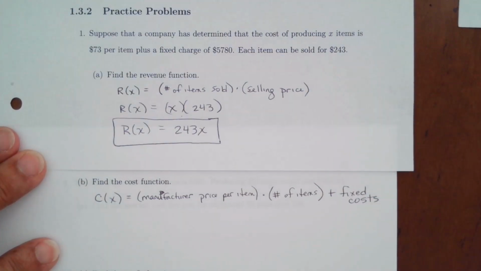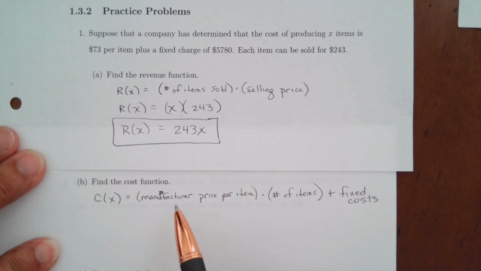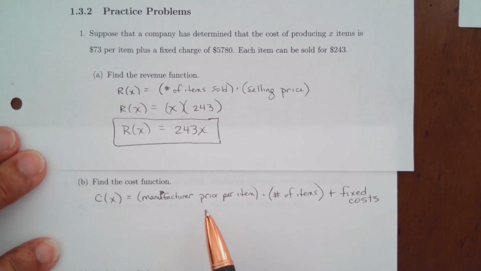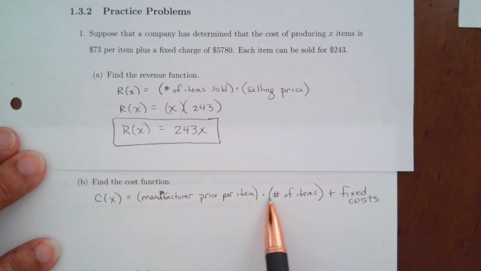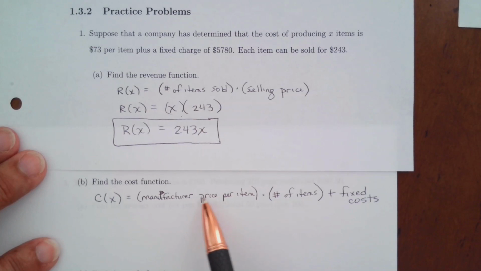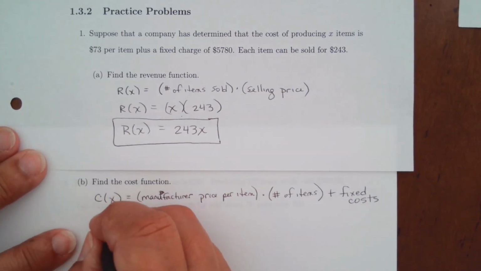That's C of X. And remember, in the formula on the top of this page, these two things are your V of X, right? So I don't like V of X because this makes more sense to you guys to see it. All right, so let's see what we got.